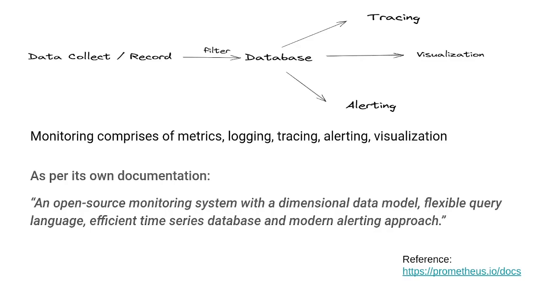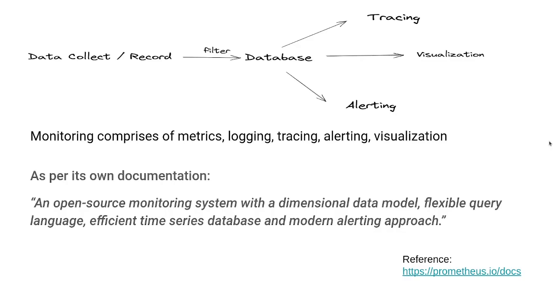Visualization is the pictorial representation of the data that is in the database depending on the conditions you need. For example, a time-based graph of the load on a pod or a node for the last 15 minutes.